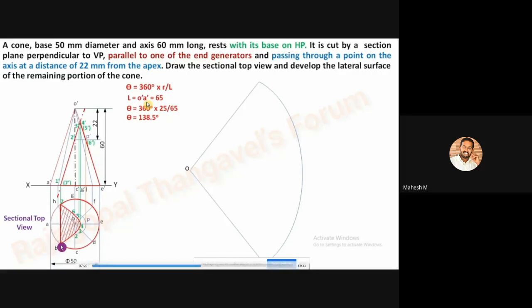Okay, this A to B, or B to C, or C to D, you can take the value of this part with the compass. But when you take it with the compass, you will be getting only the linear dimension of that particular notation.